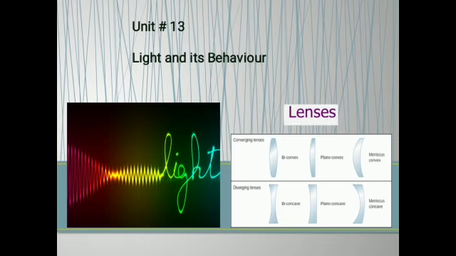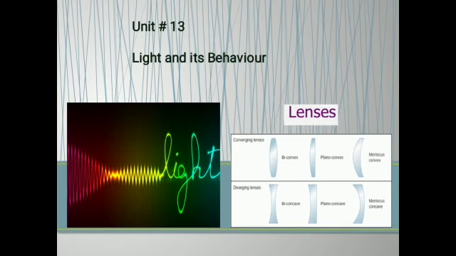In this topic, we'll learn about the terms related to lenses such as principal axis, optical center, principal focus, focal length, and you learn about the power of a lens and images formed by lenses, real image and virtual image. Now its detailed knowledge is in previous videos, so you must rewatch them.